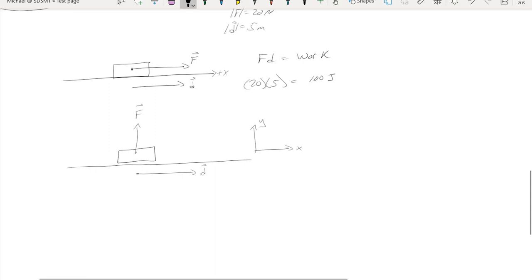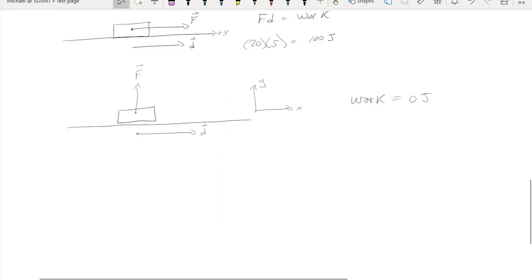I would definitely expect to see some displacement in that same direction. But now I'm applying this force in the vertical direction. I wouldn't expect this force to move the mass to the right. And so the work that I should expect to be done in this case is 0. That force shouldn't be contributing any work. Same force, but now I'm going to apply that force at an angle.